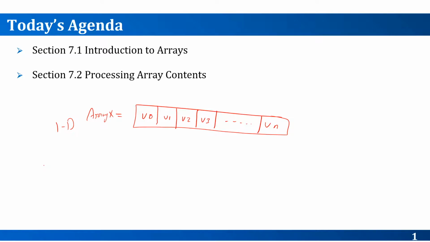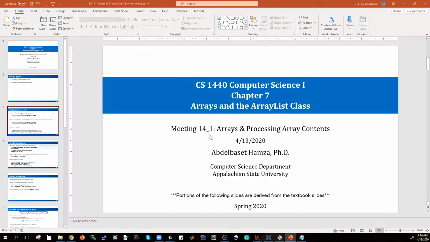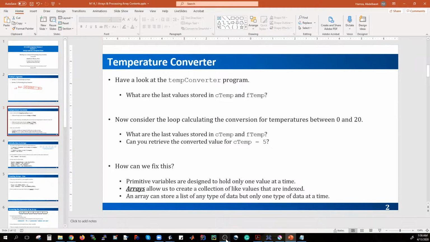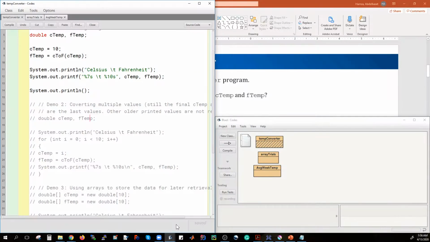To motivate the reason of why we need arrays, let's think of this very simple example. We have a temperature converter that is going to take a value in Celsius, and what we want to do is to convert that into the equivalent Fahrenheit temperature.